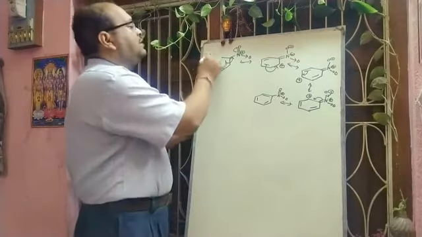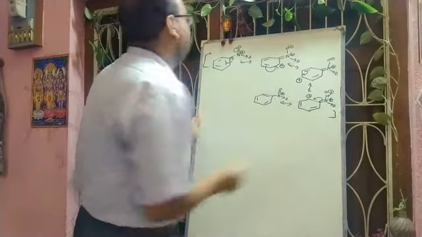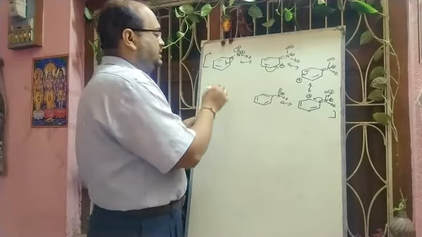So these are the canonical structures of the nitro group, and the resonance hybrid will be like this.